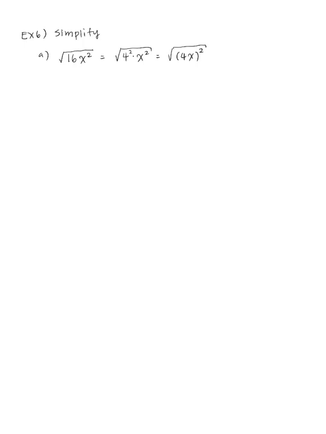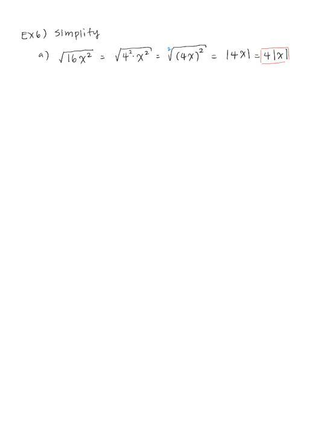Okay, now since there is an invisible 2, the index and the power match up. So what we're going to get is just the absolute value of 4x. But 4 is always going to be positive no matter what, but x can be negative. So here our answer is going to be 4 times the absolute value of x.